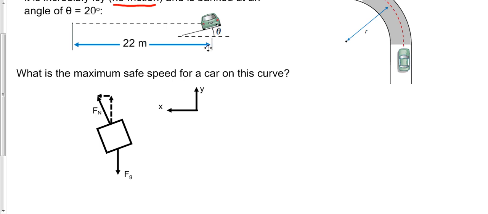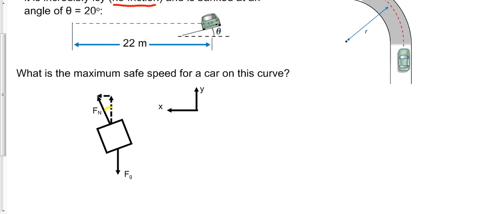And again, where is this theta popping in? I can use some hand-waving arguments right now, but if you're interested in the mathy way of proving it, where is this angle theta that the car is tilted at? Let's do it in another color so we're not confusing. This angle here would be theta, but also this angle here would be theta, the one up here between the normal and our y direction for our coordinate system.